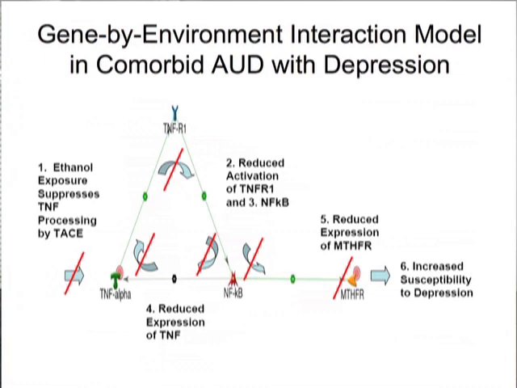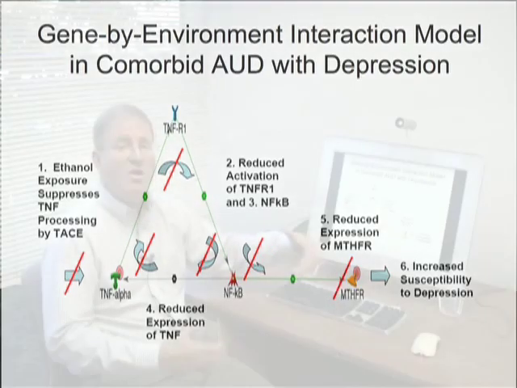So as I mentioned, we have a feedback loop here. With a reduction of the processing of TNF-alpha, we have a reduction in this signal, a reduction of this activation, a reduction of this activation, and a reduction of expression. So we now have two different influences on TNF-alpha to reduce this signaling cascade, which would be expected to reduce the expression of MTHFR, which is going to alter the availability of folate.